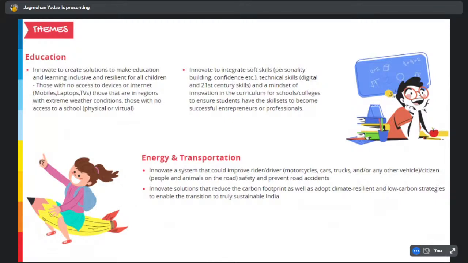If you take energy and transportation, every year a lot of road accidents are happening. What will be your part to contribute to avoiding such road accidents? How can we prevent them, and how can we improve the safety of the drivers or the vehicles passing through the road, and reduce the carbon footprint?